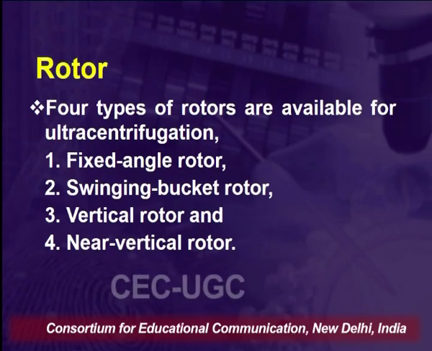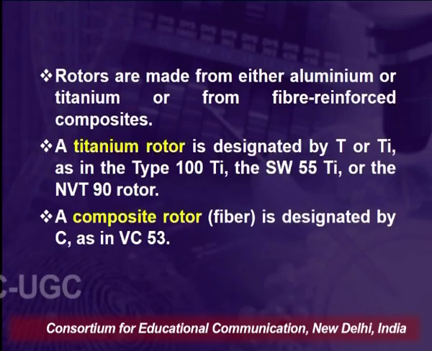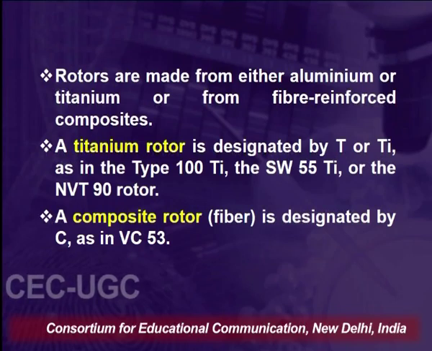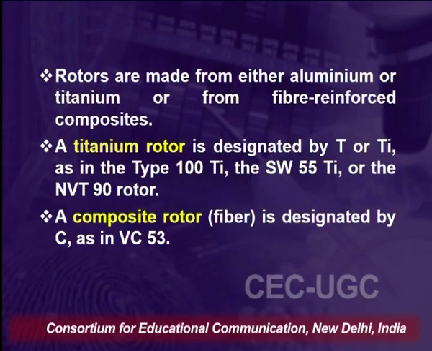Fixed angle and swinging bucket, which we have just discussed, were also present in differential centrifugation, where the rotors are usually made of aluminum or titanium. A titanium rotor is designated by T or TI, whereas a composite rotor is designated by C, for example VC53.